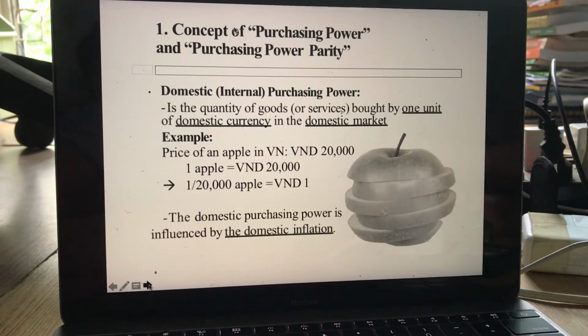The domestic purchasing power is the quantity of goods or services bought by using 1 unit of domestic currency in the domestic market. That is the domestic purchasing power.